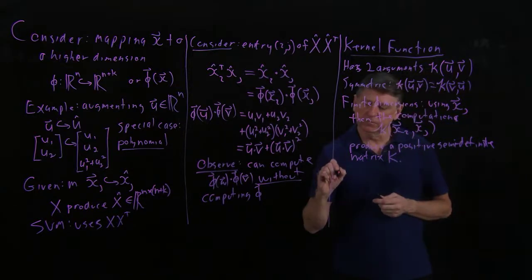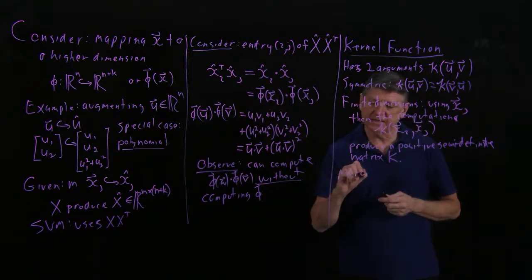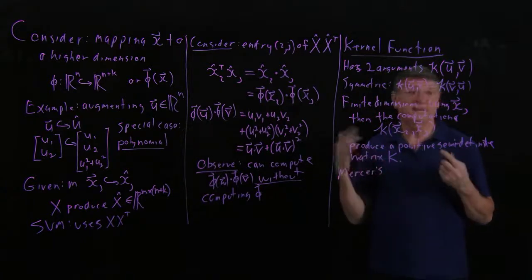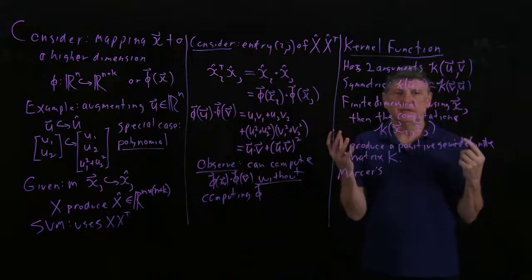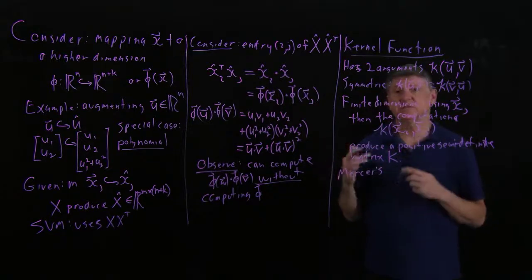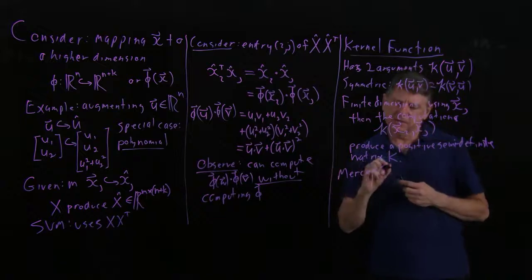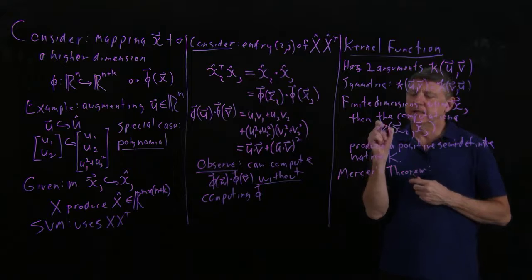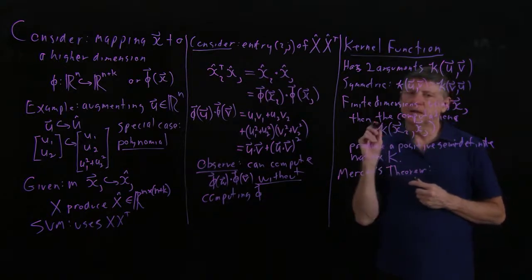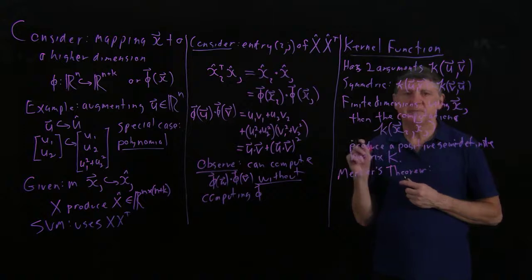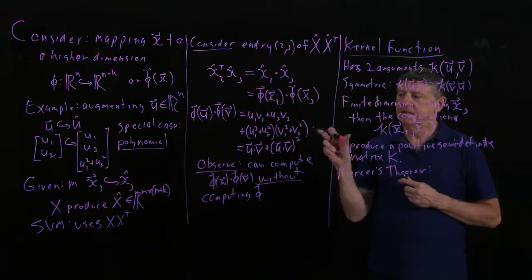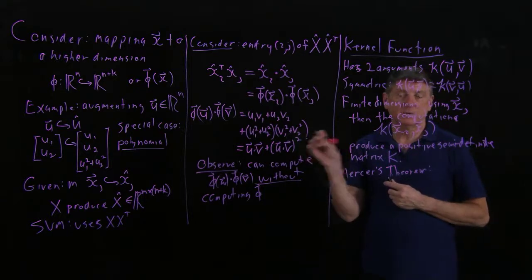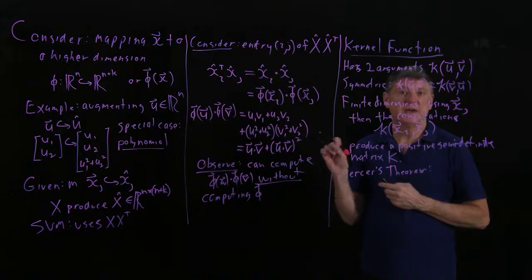There's a powerful result which is useful if you're in function theory or when you've got an infinite number of dimensions, where the idea of an infinite dimensional matrix doesn't make instant sense. And this is called Mercer's theorem. And the general result is, if we think about how we compute a symmetric positive definite matrix, that means that if we take any vector transpose times the matrix times the vector, that quadratic form has to be non-negative.